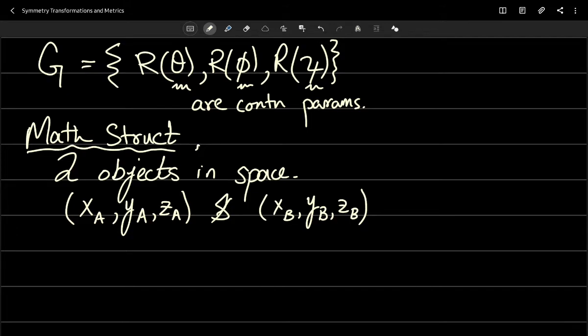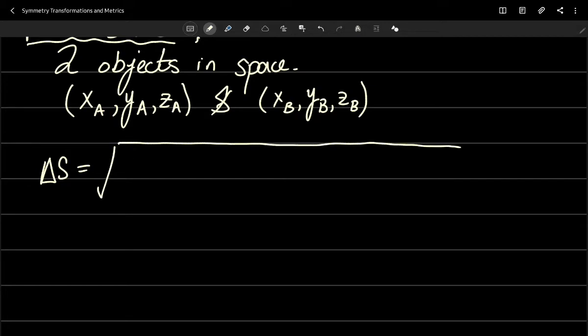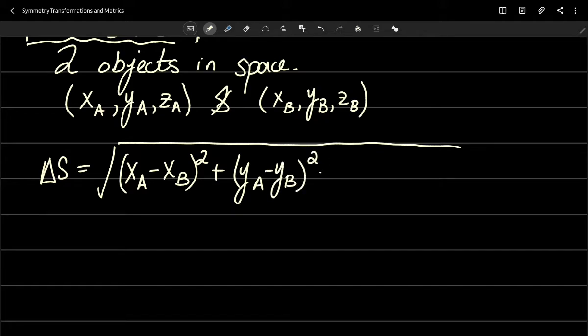Now, the distance between the 2 points in space is expressed as delta S is equal to the square root of XA minus XB squared plus YA minus YB whole squared plus ZA minus ZB whole squared.